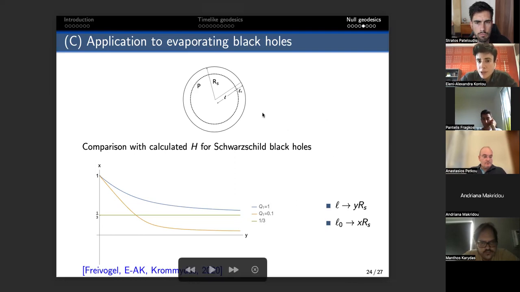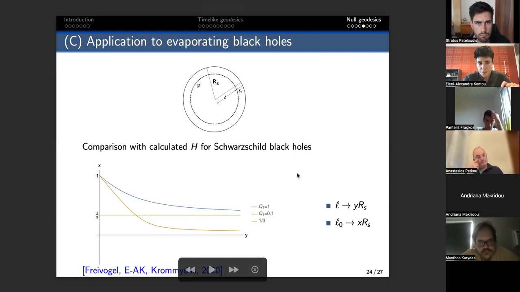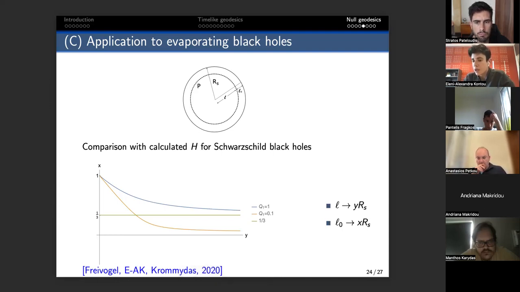So what we're interested in is how far inside the black hole we need to go to prove geodesic incompleteness. Ideally, we want to be very close to the classical horizon. But we see that we can't do that if the Q1 is equal to 1 or B very close to 1.